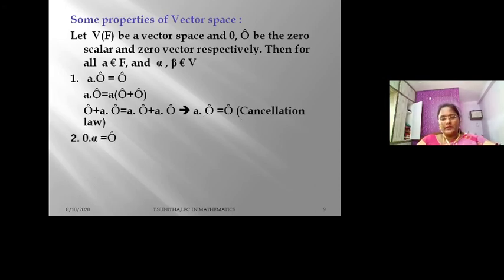Going for the second property, 0 into alpha is equal to the 0 vector. Again, here 0 is a scalar and alpha is a vector. Whenever we multiply one scalar and one vector, the product should be a vector.